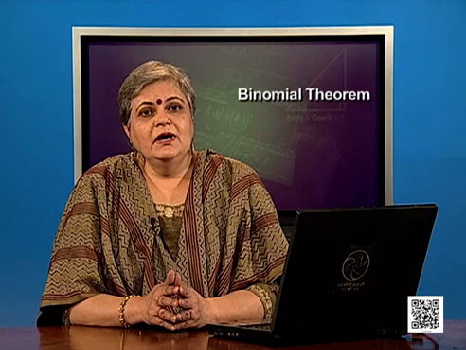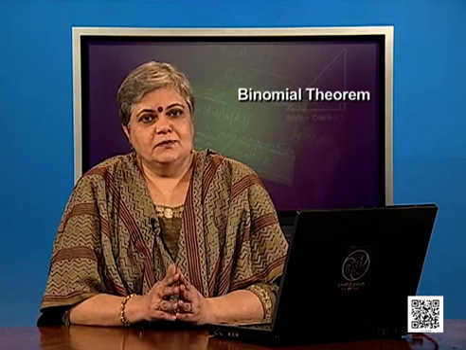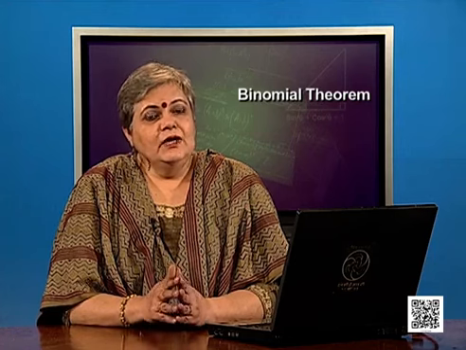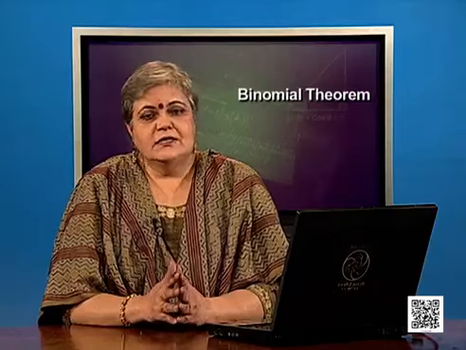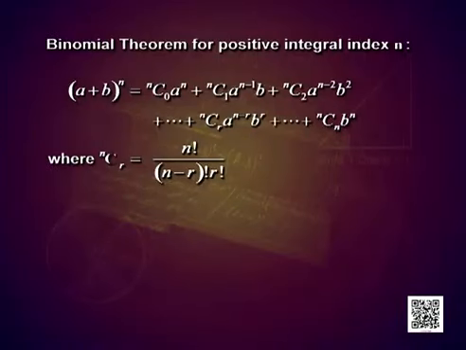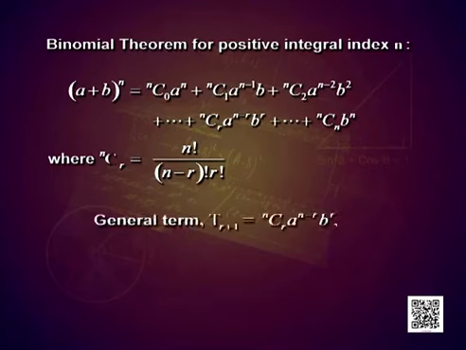Now, what do we mean by the general term of a binomial expansion? The general term in this expansion is nothing but the r plus 1th term, and it has the value nCr a to the power n minus r into b to the power r.